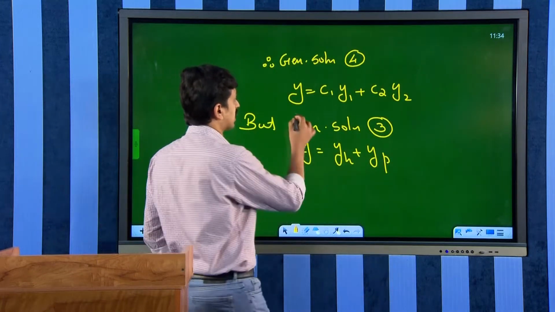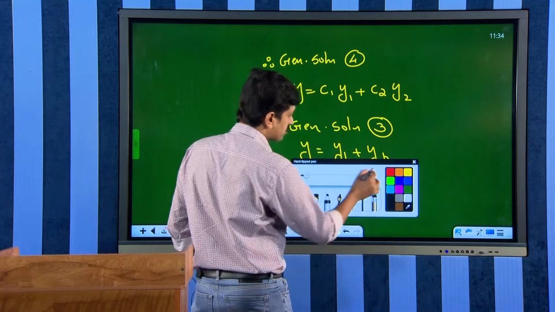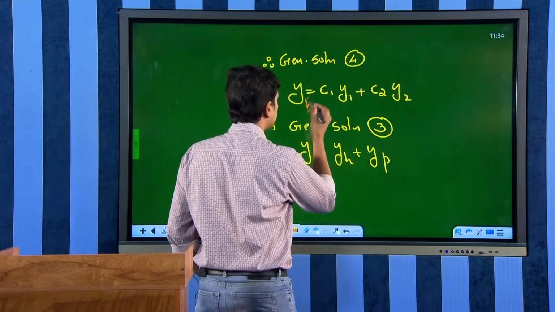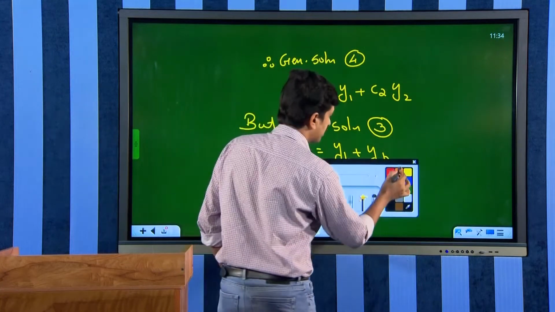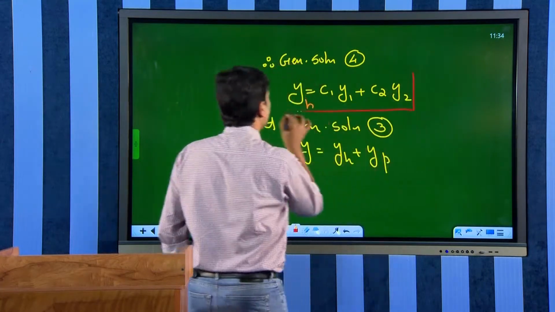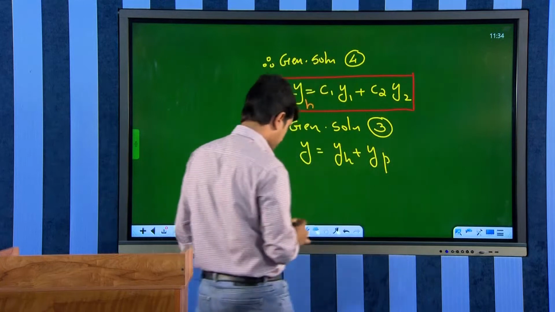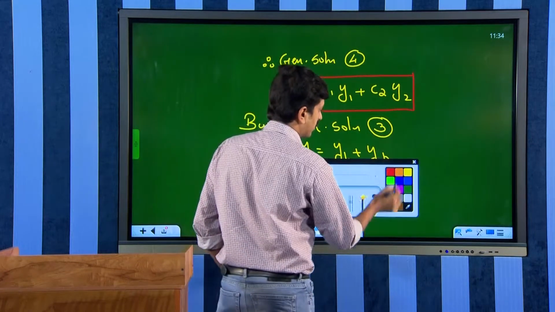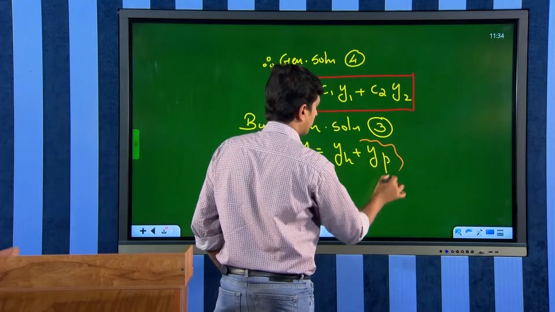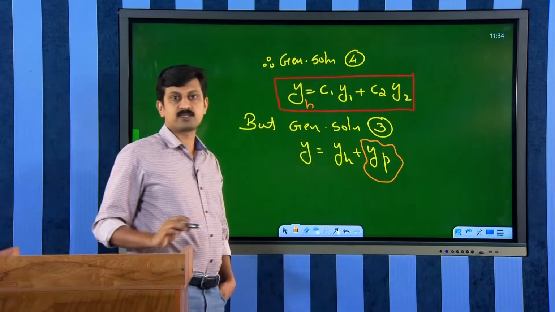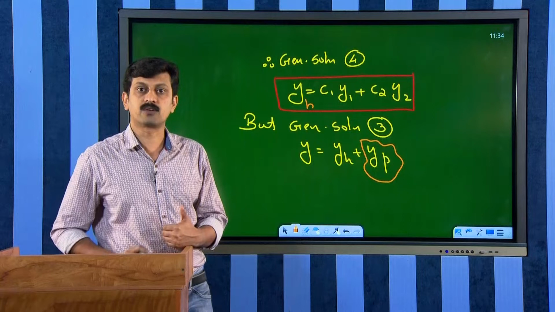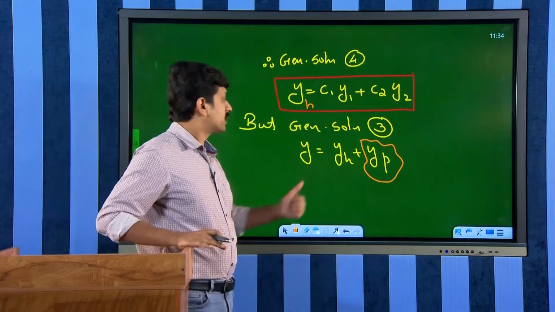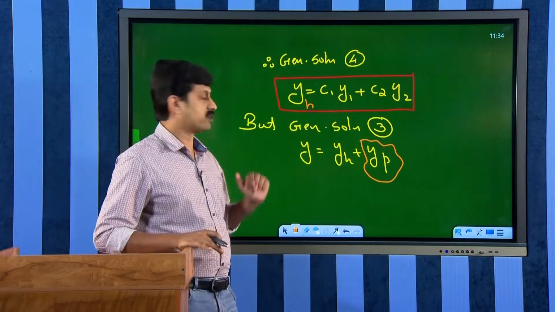So, we found yh, but we need to determine yp. By using the method of undetermined coefficients, we can find yp, the particular solution.